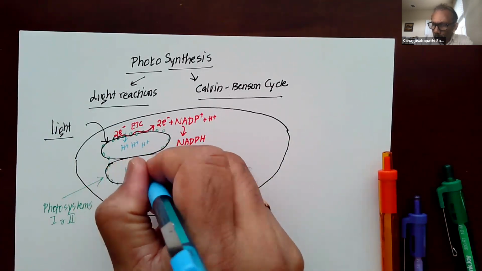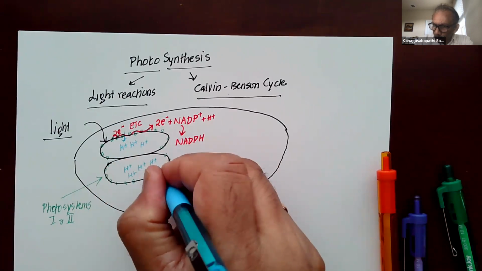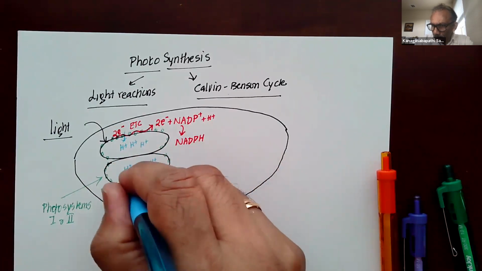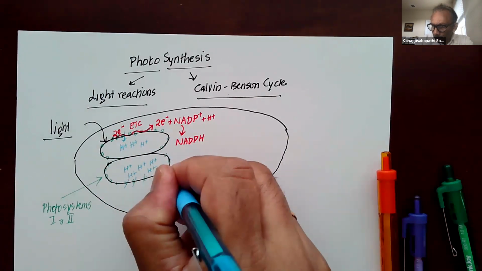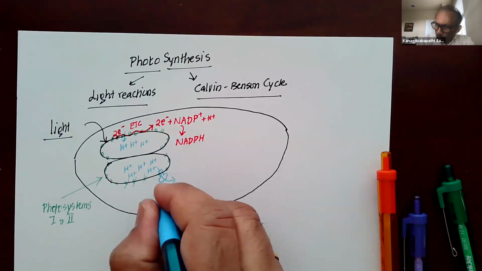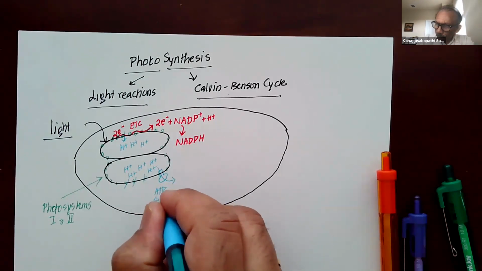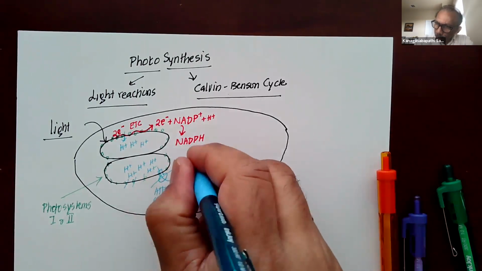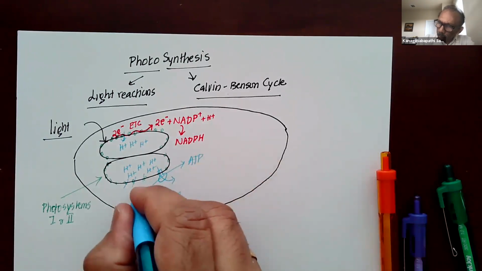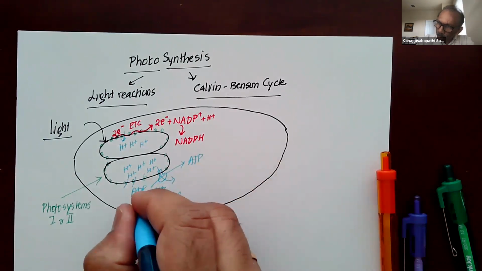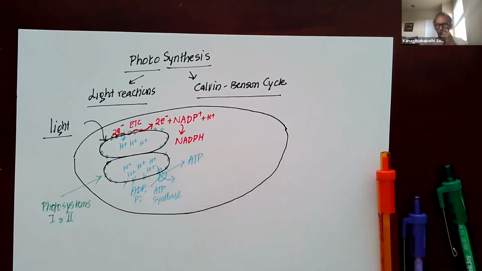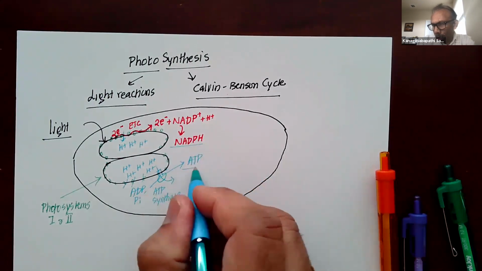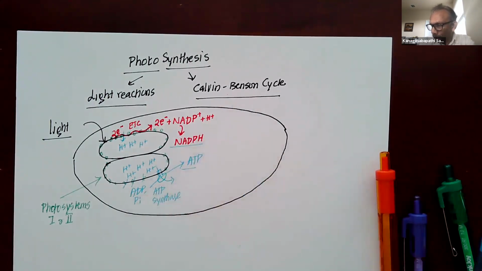And when these protons come back through the ATP synthase enzyme, it helps make ATP by combining ADP and Pi, which is inorganic phosphate. Okay. So this is what is critical to understand. These are the ones going to go to the Calvin-Benson cycle.